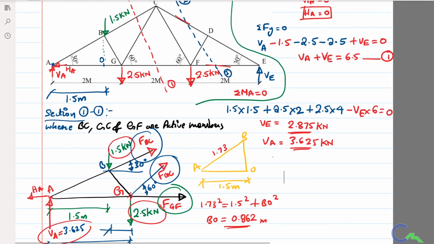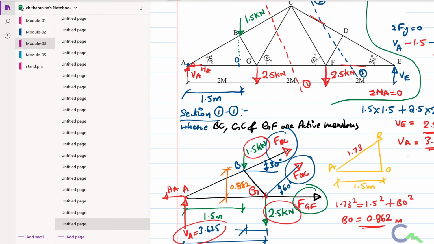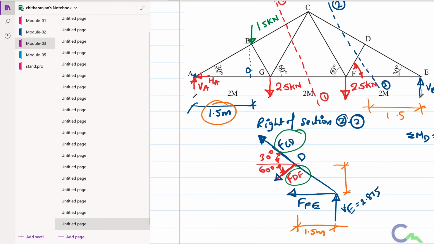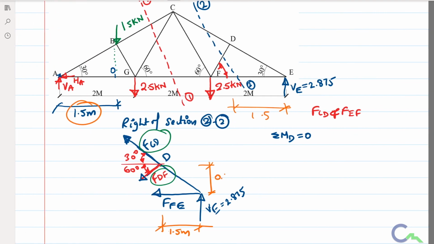This vertical distance is 0.862. So now I am going to apply moment about D.